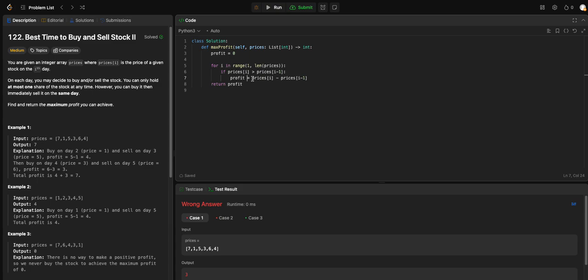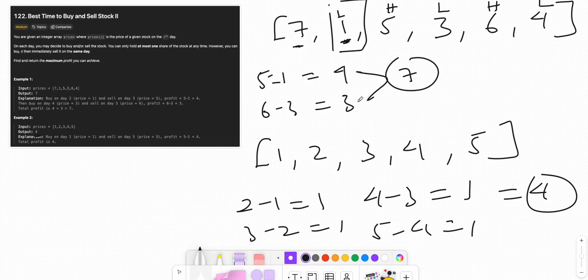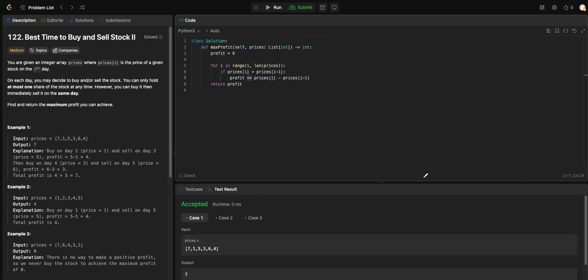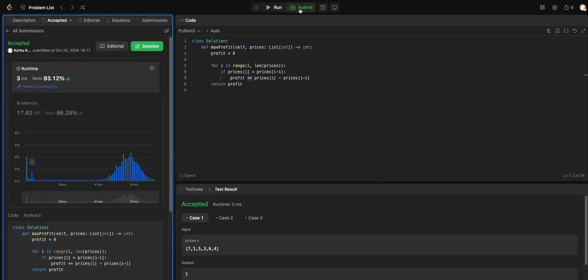It should be plus equal to, because we can buy and sell repeatedly, plus this, plus this, plus this. And that's my solution. This is how I will solve the question.